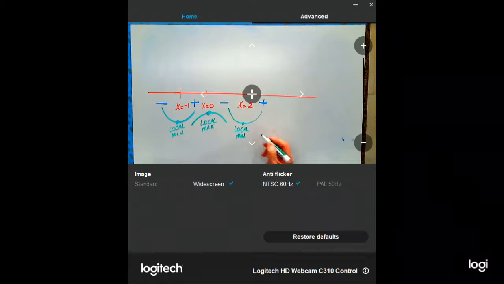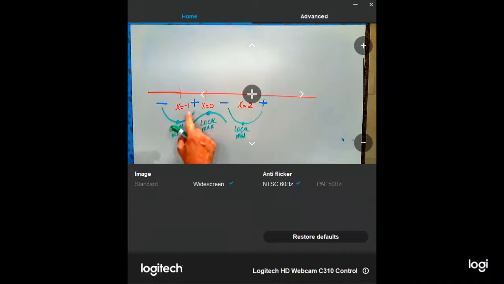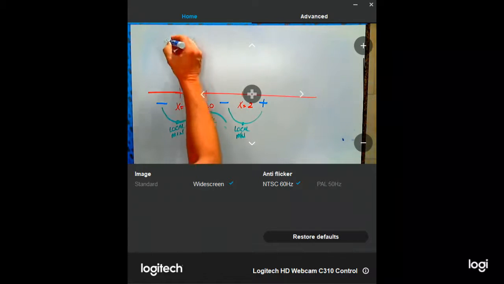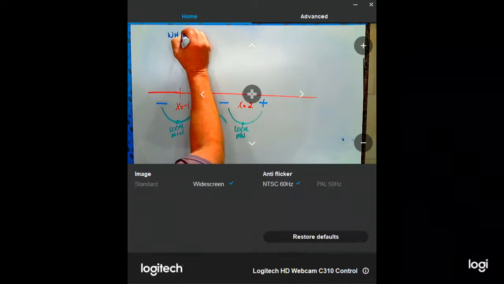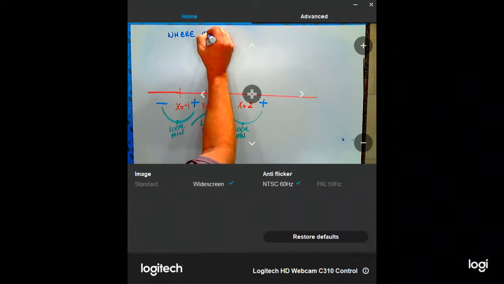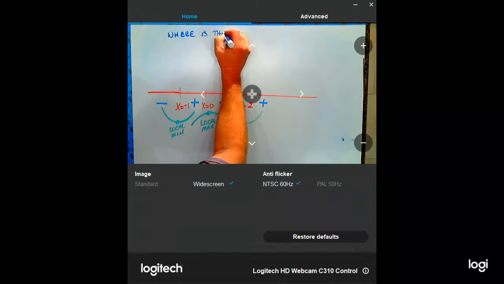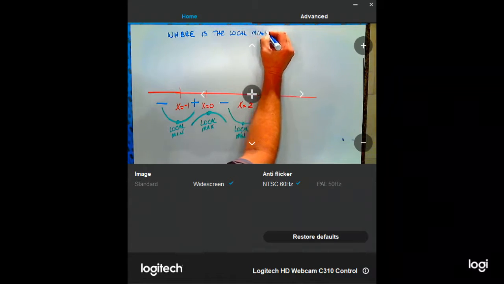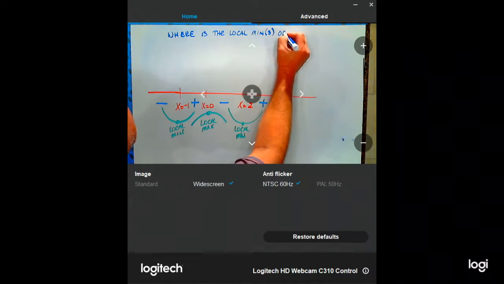All right? Now, remember, if they ask us for the local minimum value, then they're not asking us for x equals -1 and x equals 2. You have to pay attention to the question, right? How is the question written? If the question says, where is the local mins, in this case, of f?